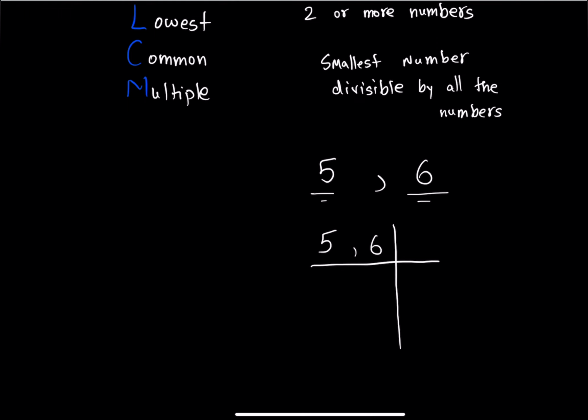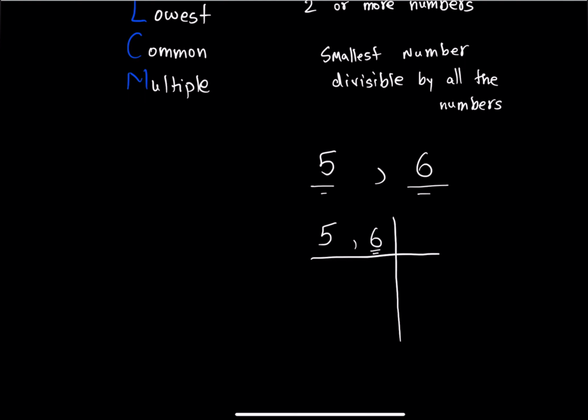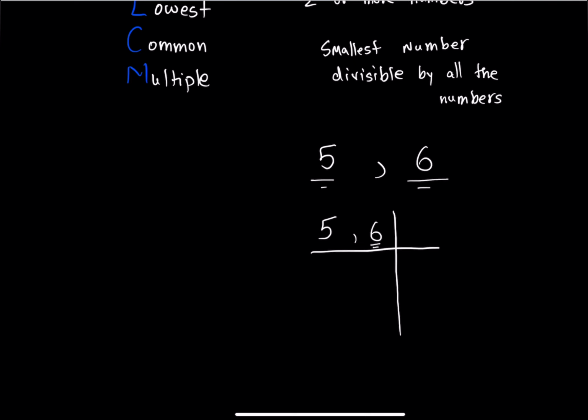So we would just start by focusing on one number. Let's start with 6. One of its factors is 3, and we want to focus on prime factors if you want to do prime factorization. But in this case, we're not doing prime factorization, but we're still going to factor it.